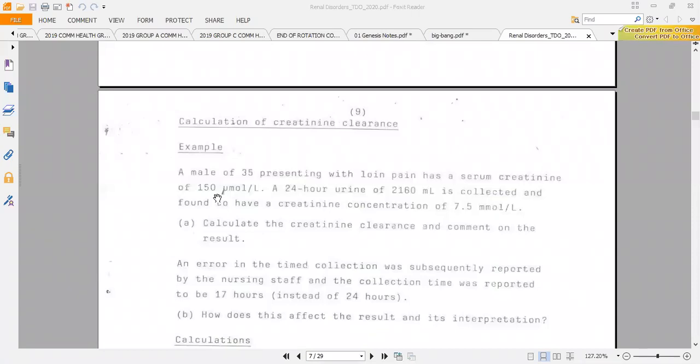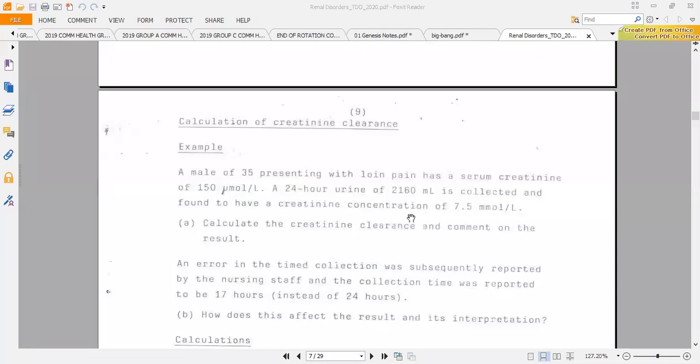What you should do exactly is to get the urine flow. We are using the term urine flow rate, not urine volume. The urine flow rate is the amount of urine divided by the time, which is 24 hours.